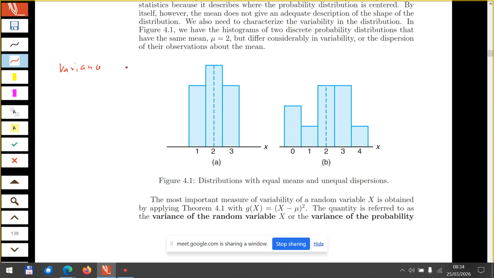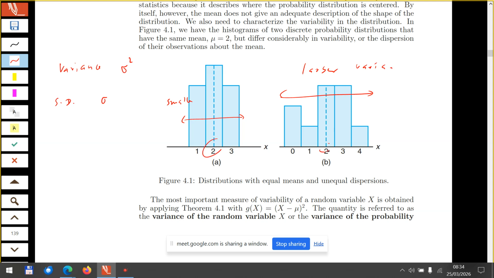So variance will be sigma squared, and standard deviation will be sigma. The reason we needed this is to be able to compare two distributions. So here we can say that this has a smaller variance and this has a larger variance. So we compare the variance of the two distributions.